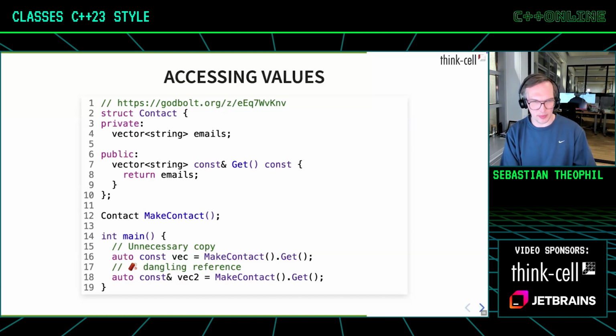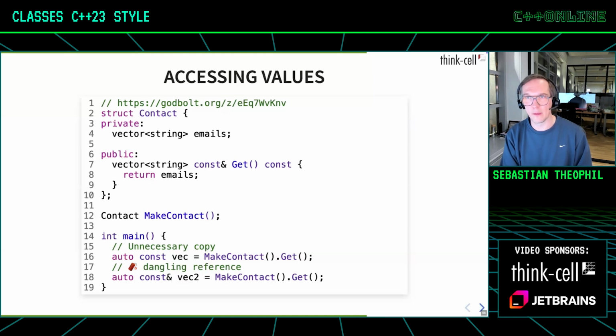And this is to get that vector copied. So let me rephrase that. The get accessor always returns a const reference. And I can copy that into a new vector. That is correct, but unfortunate because I wouldn't have to do the copy. I can also write and compile the second line, auto const& vec2 = make_contact().get().